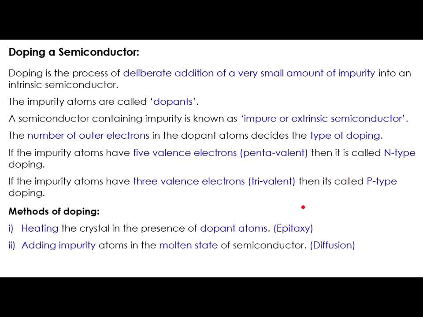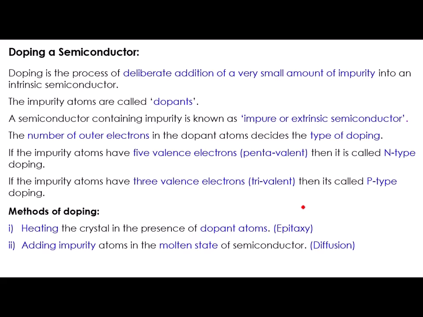The second method is adding some impurity in the molten state of the semiconductor. We increase the temperature of the semiconductor to bring it to the molten state, and after that we add some impurity in liquid form, and this process is called diffusion.